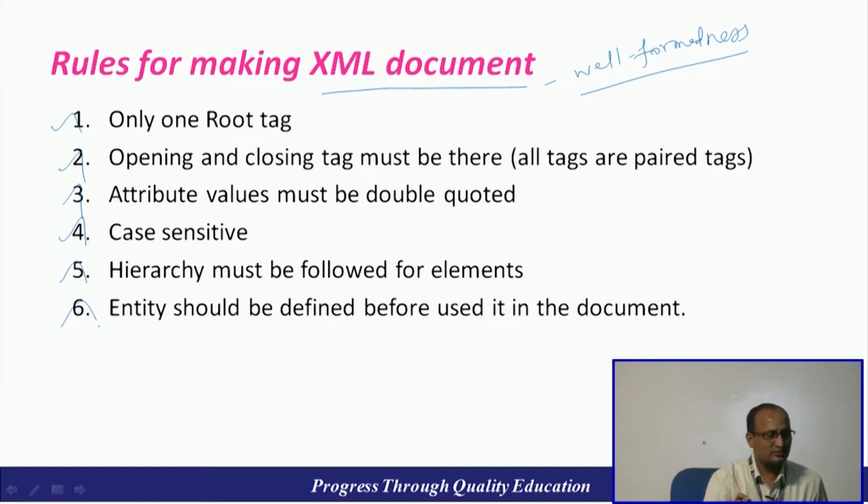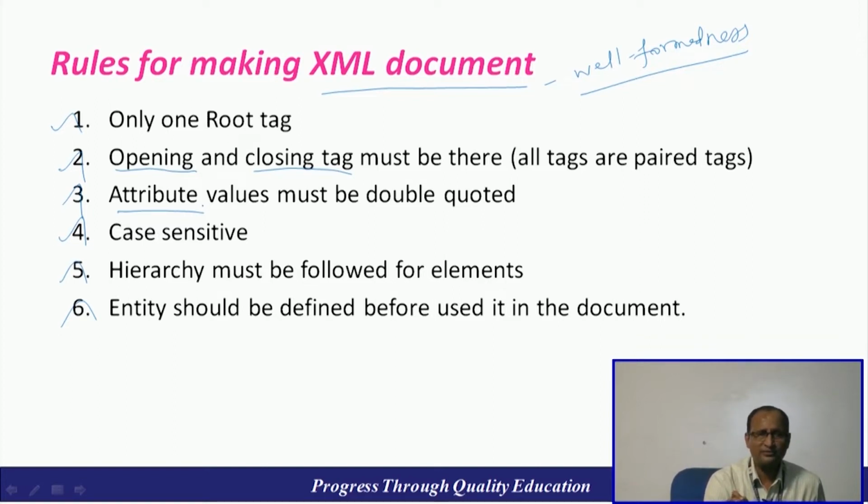First, the XML document should have only one root tag, and second, all the tags are paired tags, which means it should have an opening and closing tag. We may have an attribute for an XML element.